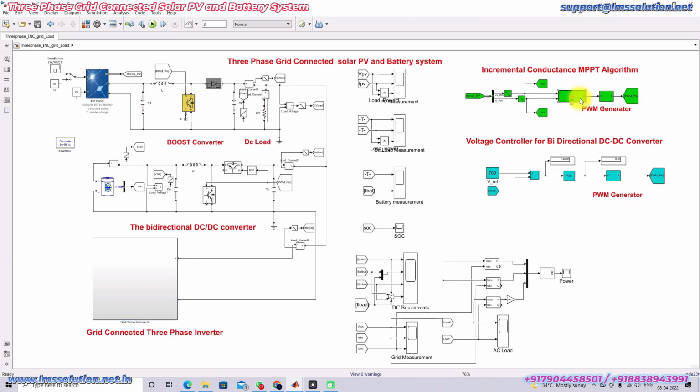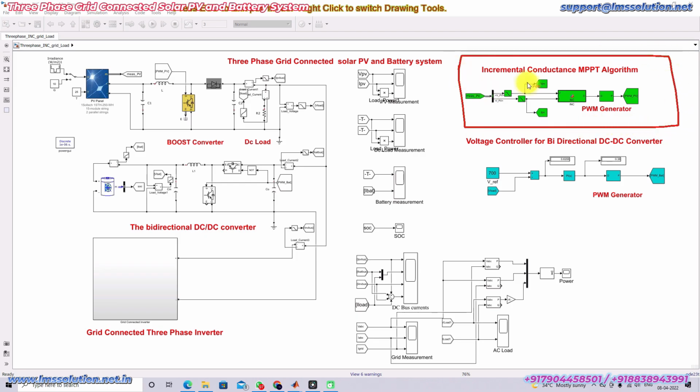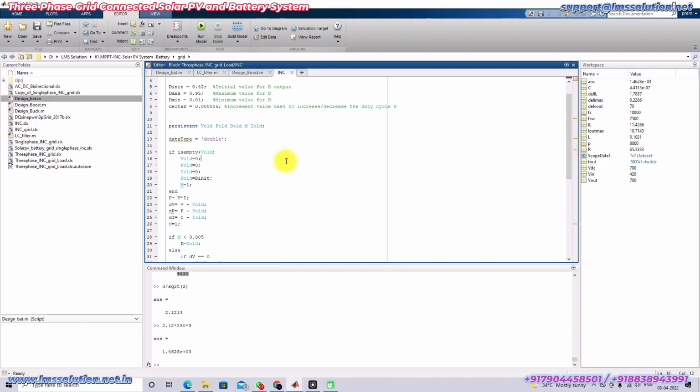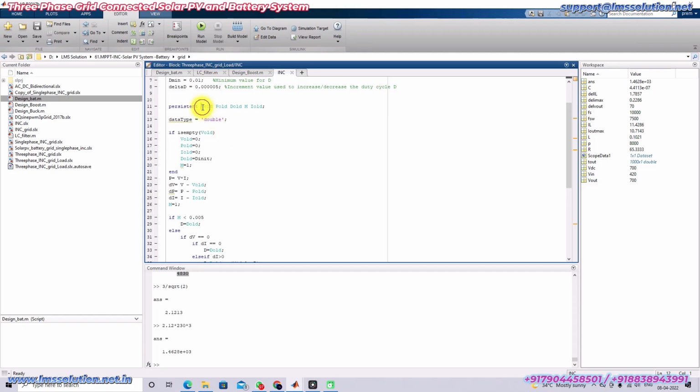Also here we are using incremental conductance MPPT. For this incremental conductance MPPT, you have to measure the PV voltage and PV current, and they are processed by INC. Here we fix the initial duty cycle, maximum duty cycle, and minimum duty cycle. Then you have to fix the previous voltage, power, duty cycle, and current, and check whether the previous voltage is empty or not.